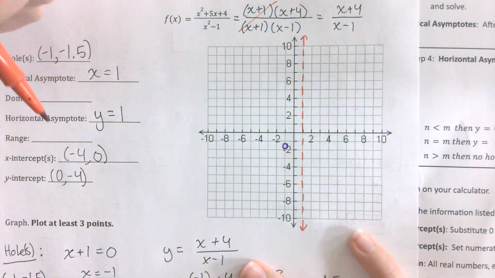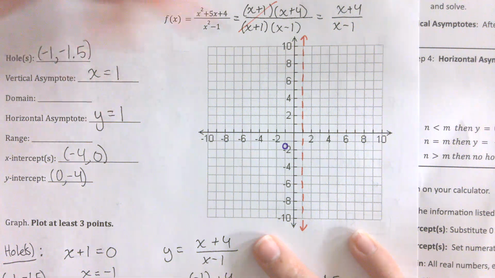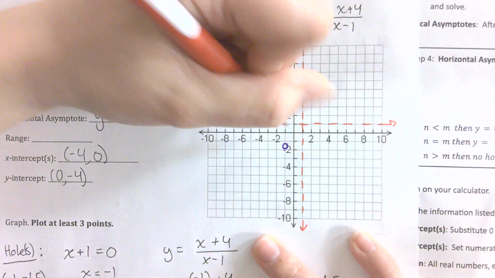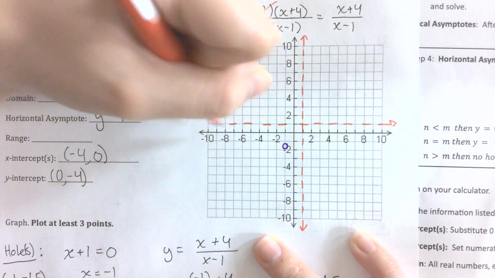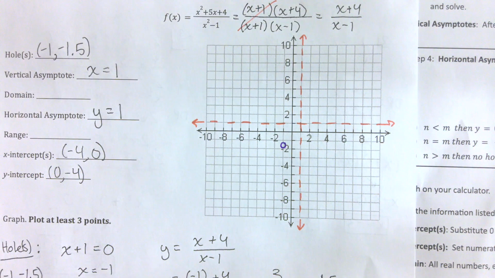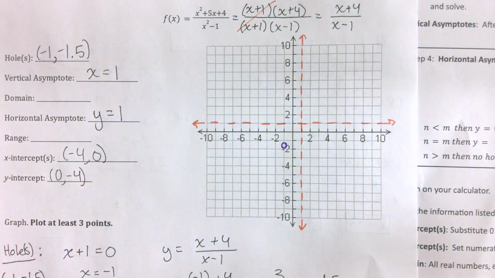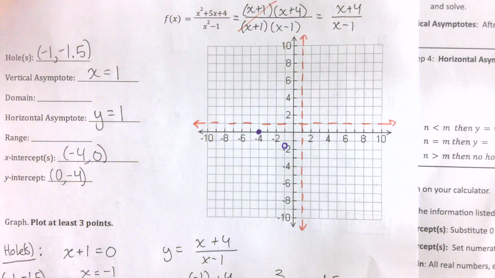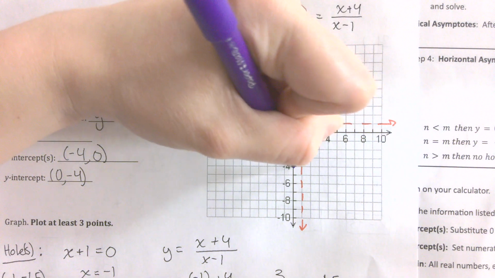Horizontal asymptote. This is a horizontal line through 1 on the y-axis. And then our intercepts, -4 on the x-axis and -4 on the y-axis.